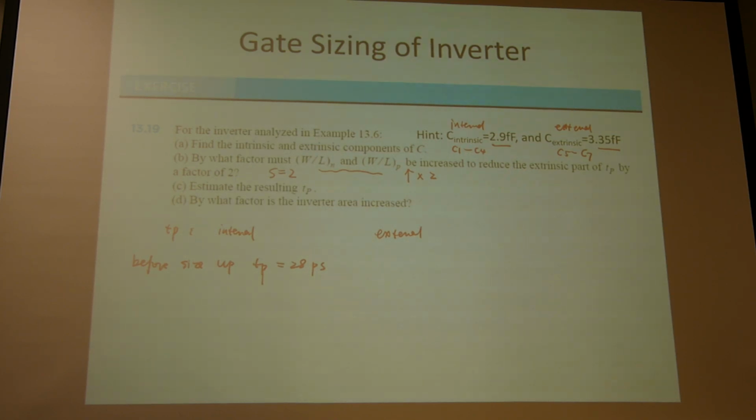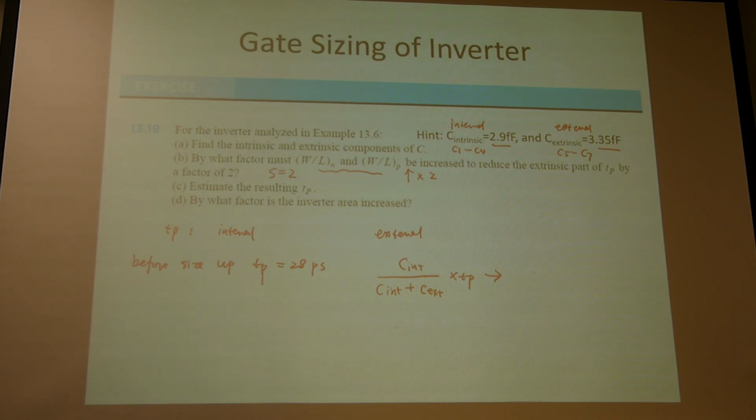Since this is proportional to the cap, internal and external, you can have the total cap, which is internal plus external, and take internal times TP. So this will give you the internal delay.